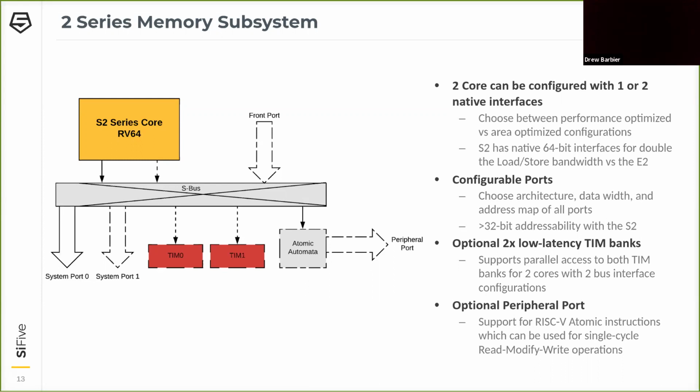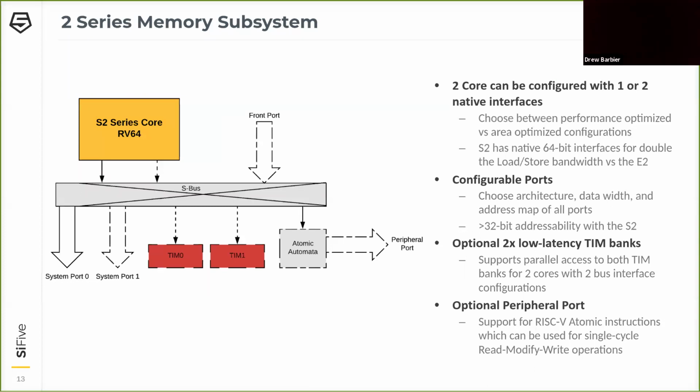We also have a number of configurable ports in the 2 series. So we'll start off with the system ports. We can configure the 2 series with 1 or 2 system ports, and the system ports would be used to access main memory in a system. These ports are configurable in their base addresses and the size of the address space that each one would address.